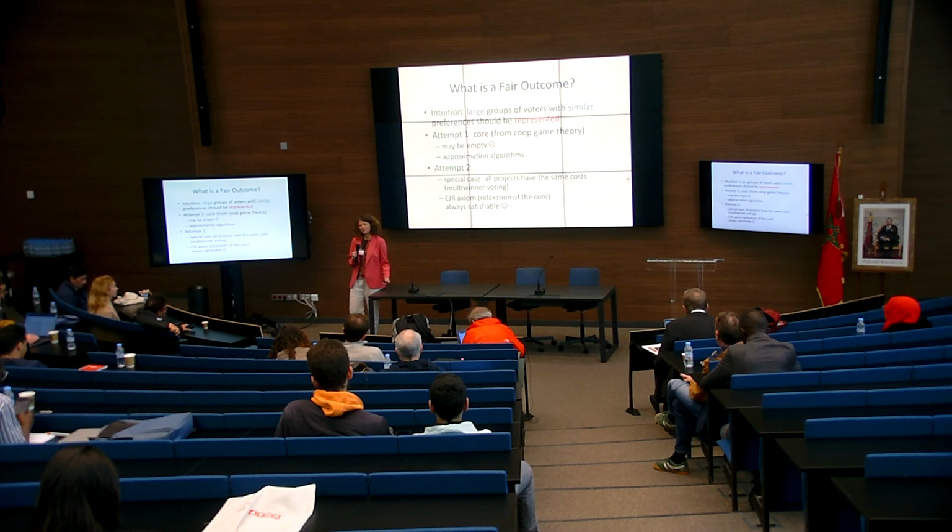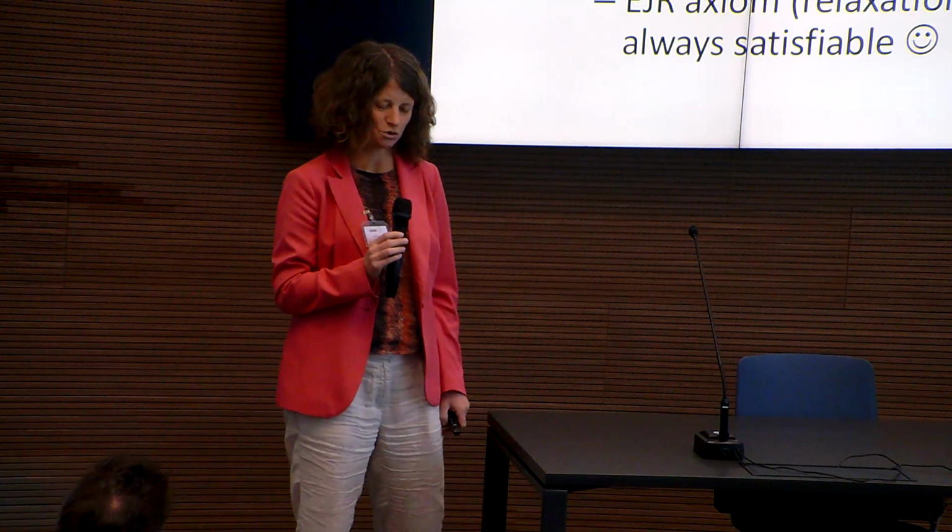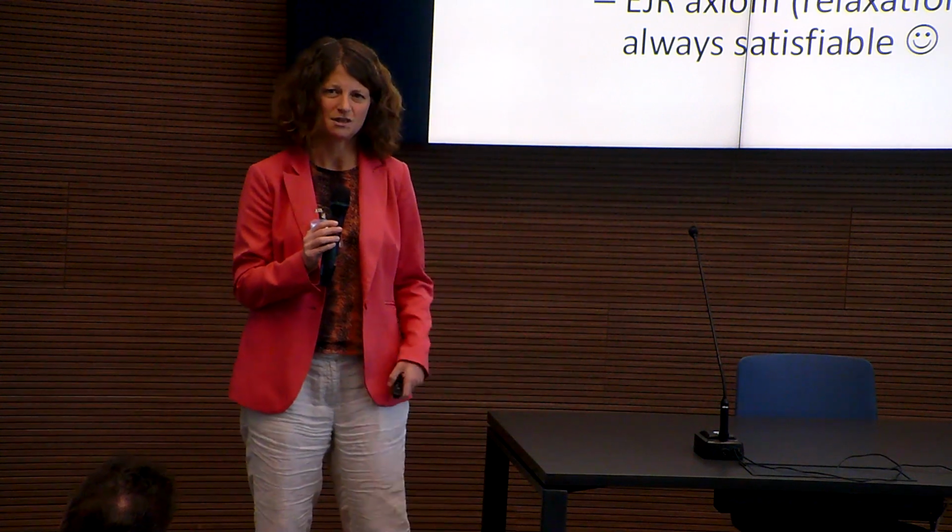So another line of research that has been attempted, and that happened more in the computational social choice community, was to simplify the problem and look at instances with unit costs, right? Unit costs are simple because then you know how many projects you want to implement. Each project has unit cost, you have a budget K, so you're implementing K projects. And then it just becomes conceptually easier to think about.